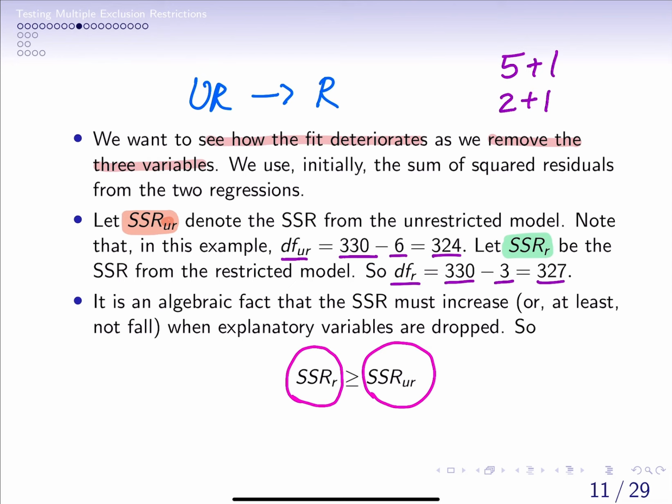We're asking, does the sum of squared residuals increase proportionately by enough to conclude that the restrictions under the null hypothesis are false? In other words, we are trying to ask whether there is a significant change in moving from the unrestricted model to the restricted model. Okay, so this is what we are trying to ask.